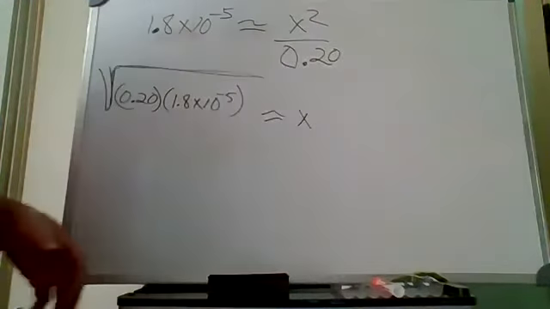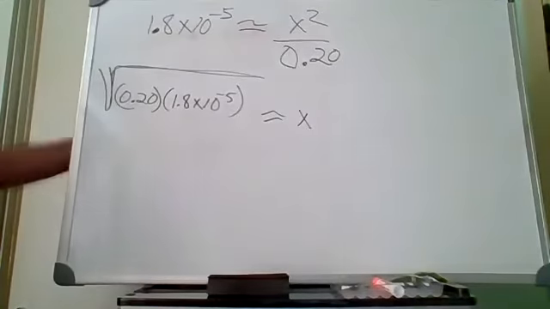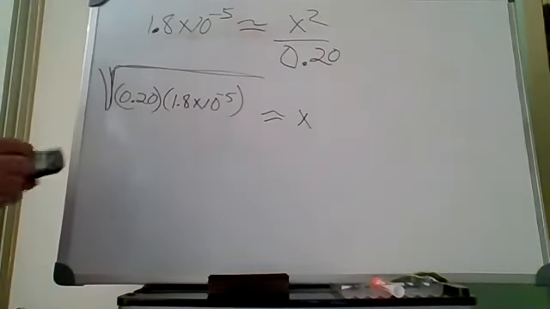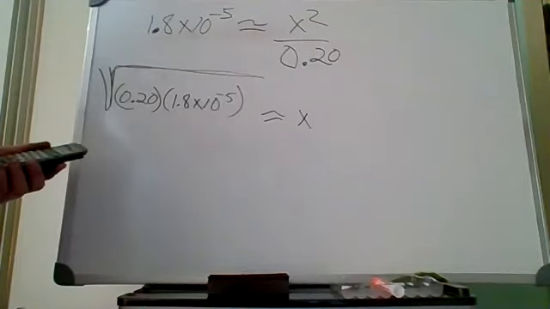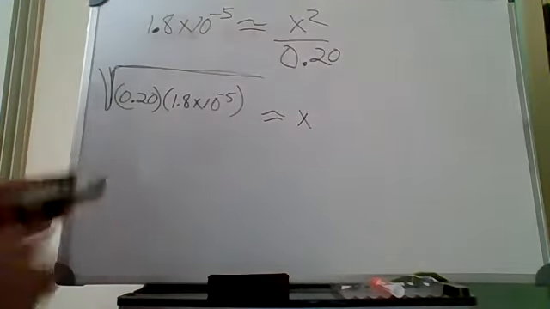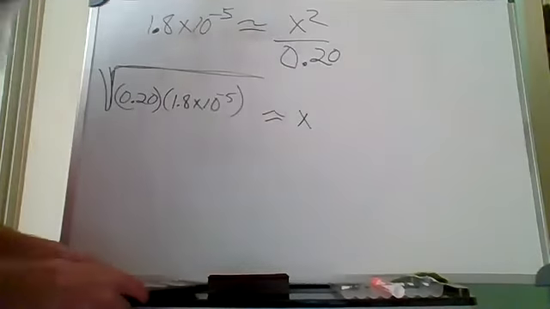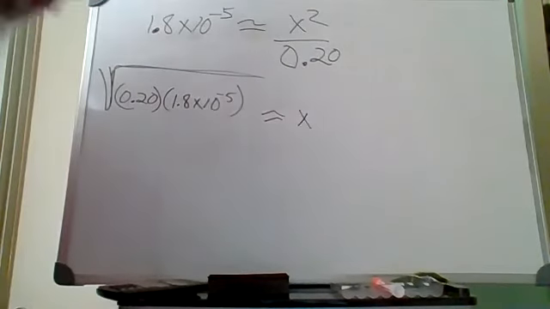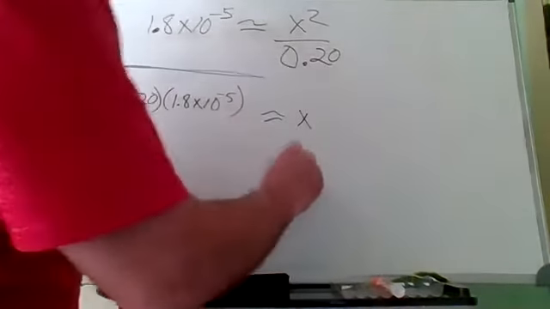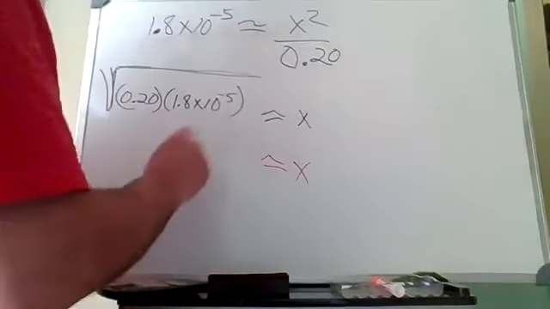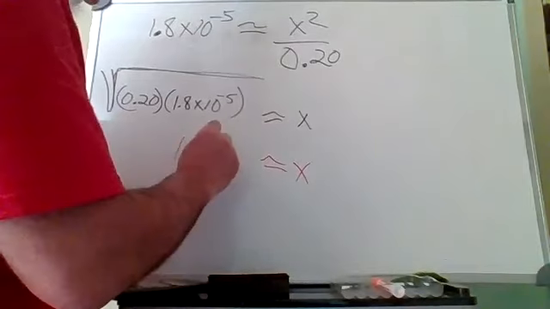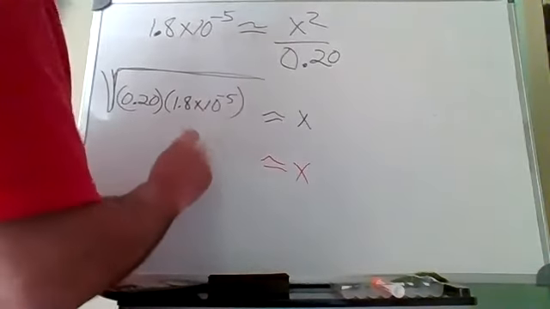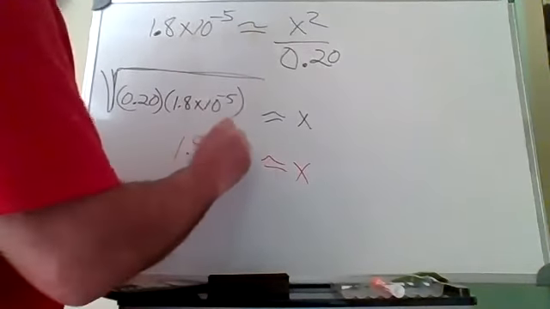Everybody good? All right, let's get out our calculator. 0.2 times 1.8 times 10 to the negative fifth equals, don't forget to take the square root, 1.9 times 10 to the negative third. So x is approximately 1.9 times 10 to the negative third.